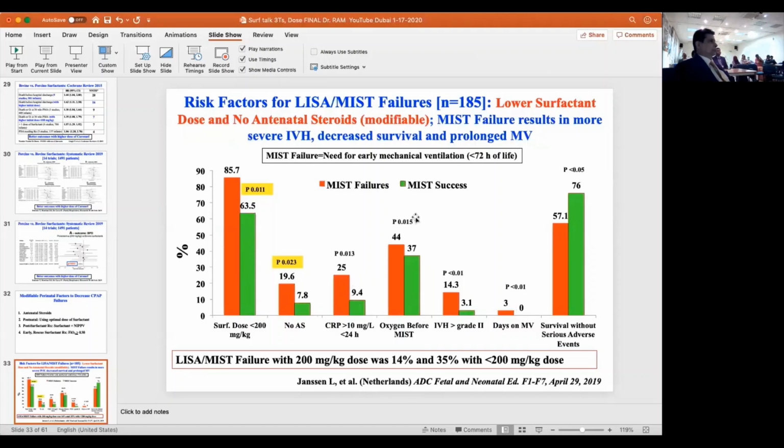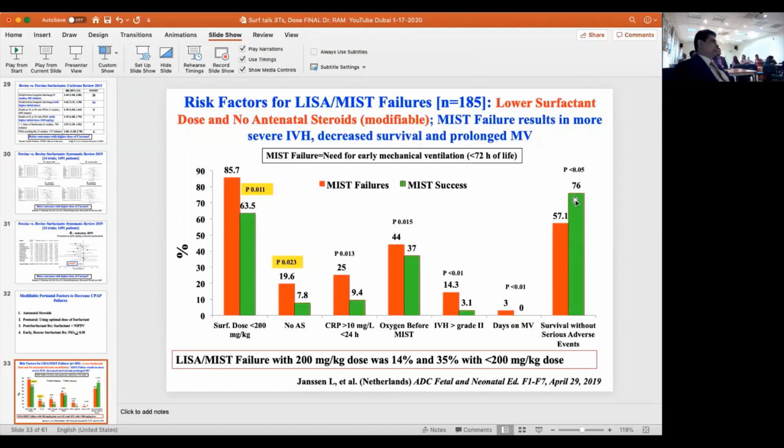Oxygen, FiO2: the higher the FiO2 you have before you give surfactant, the failures are higher, and babies that fail have more IVH and increased mechanical ventilation.